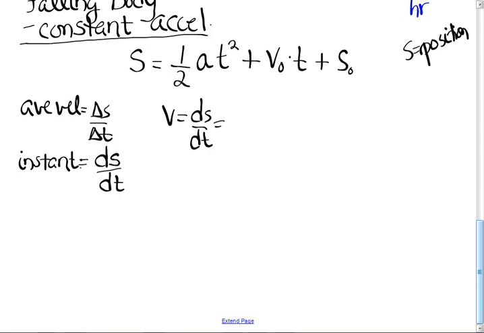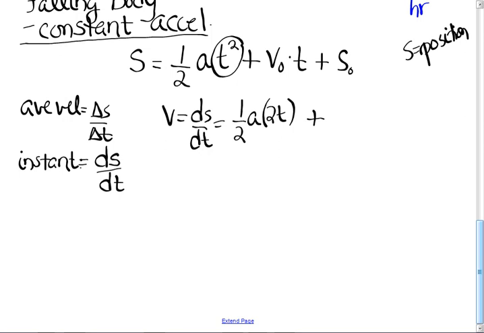Now, a is a constant. It's either negative 9.8 or negative 32. But it's 1/2 a, and now we'll do the derivative of t squared, which is what? I need the derivative of this guy, 2t. Plus, now v0 is your initial velocity, so what's the derivative of a number times t?